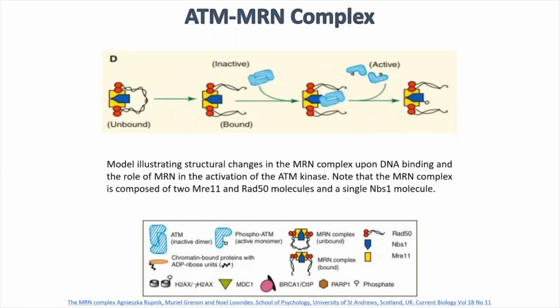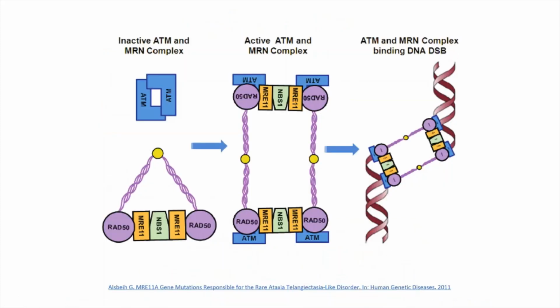This is illustrating the change that occurs when the MRN complex, which was previously unbound, tethers to the DNA ends. It is in a bound state, and then it opens up and leads to dimerization via the zinc hooks, and that's when the inactive ATM sits on the NBS1 protein and gets phosphorylated to form the active monomers, and the signaling is continued.